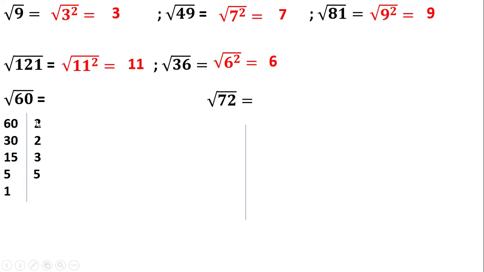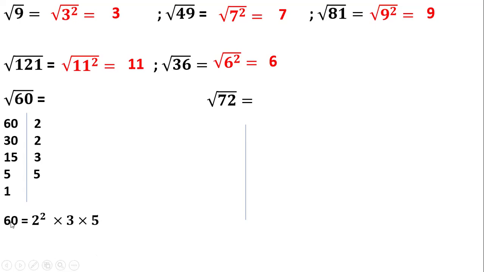Here I should only have prime numbers. That's why it's called prime factorization. I'm decomposing the number into prime factors. 15 divided by 3 is 5, since 15 cannot be divisible by 2 anymore. 5 divided by 5 is 1. My prime factorization finishes when the answer is 1. Now, what are the prime factors of 60? They are 2 squared, 3 one time, and 5 one time.